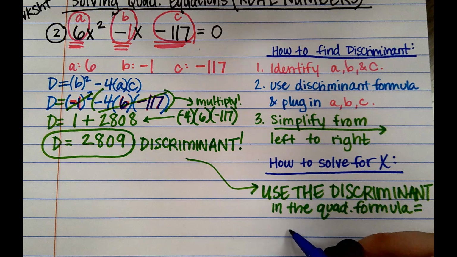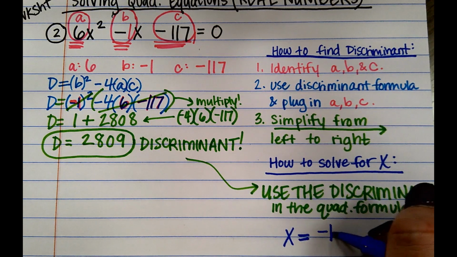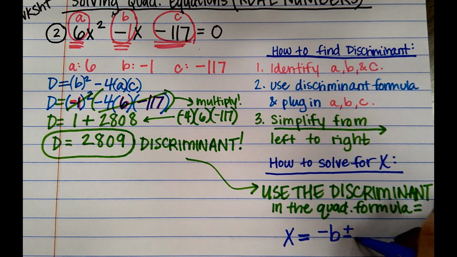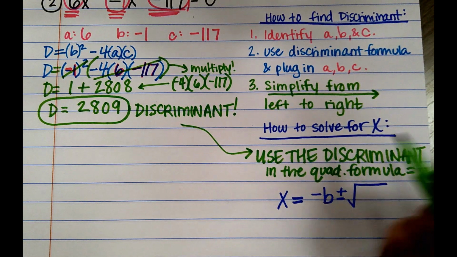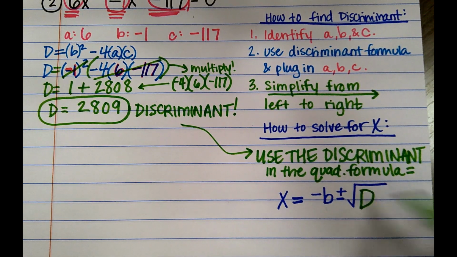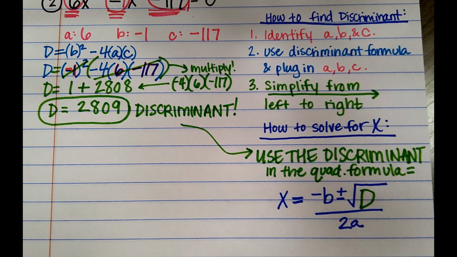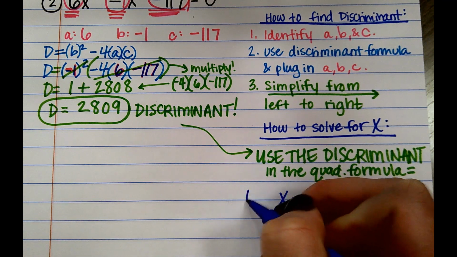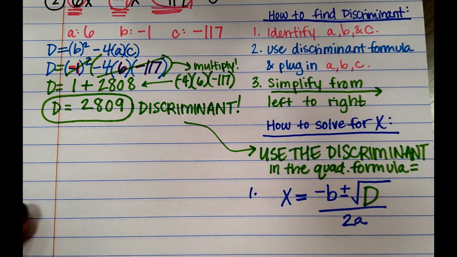And that is, again, x equals negative b plus or minus the square root, and I'm just going to put d this time, all over 2 times a. Okay, so over here, I'm going to do that same thing.